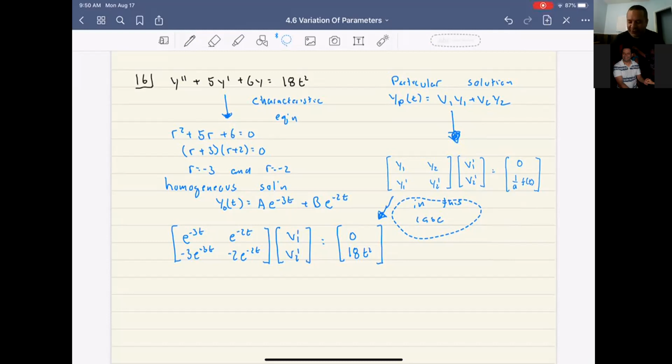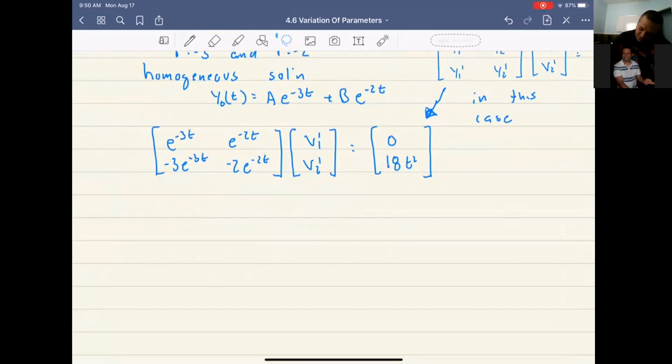So let's go ahead and set up the Wronskian first. The Wronskian is really, we think of it as a function of the functions itself, and it's going to be the determinant of this matrix here.